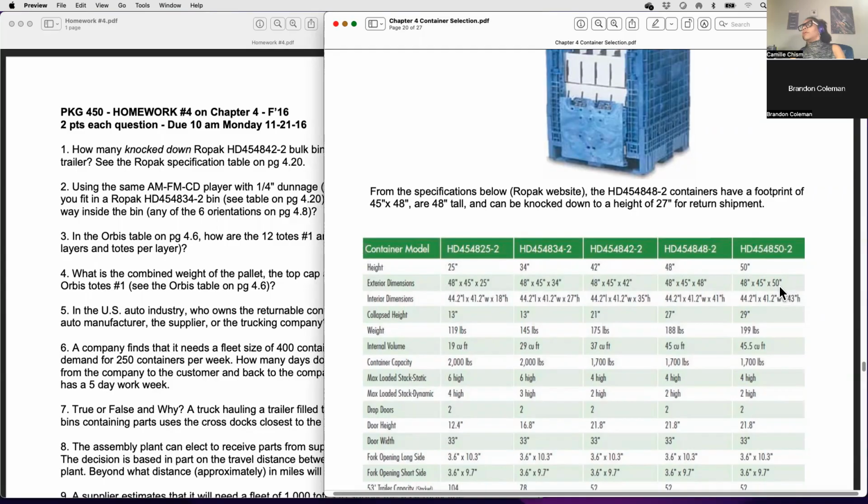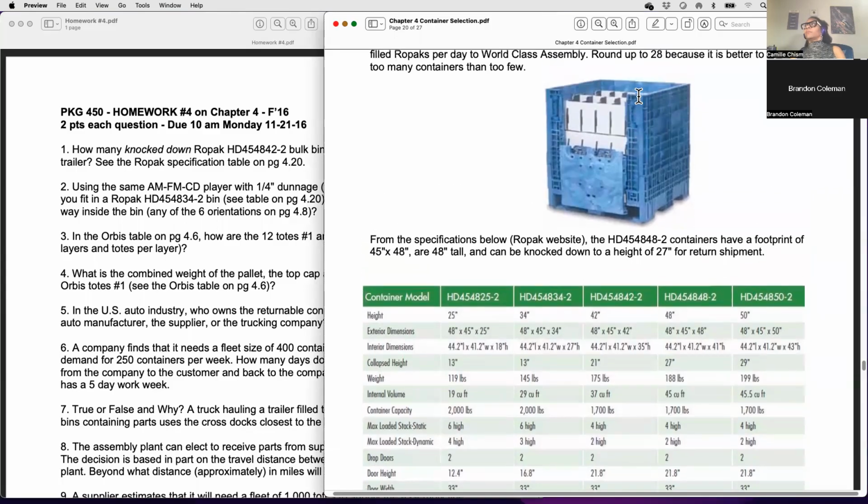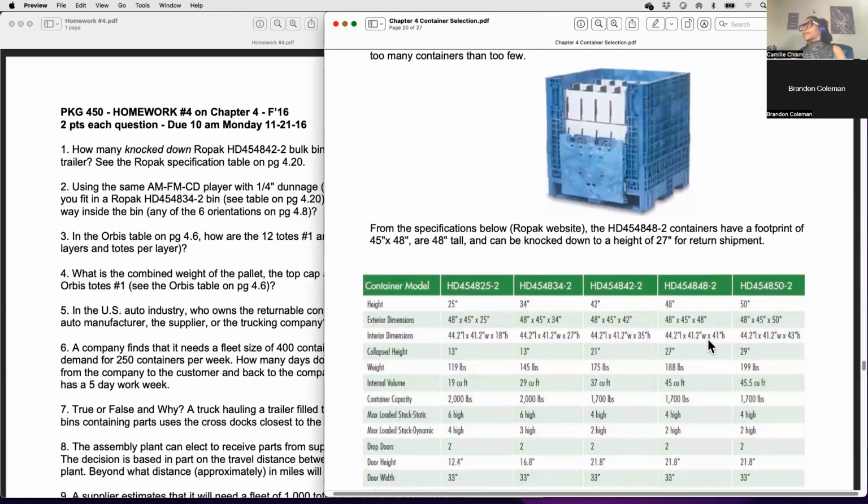Even though this is 50 inches tall, you're only going to get 43 inches worth of material from top to bottom. Notice that compared to the 45 by 48 one, you get 2 inches of difference here too. But you can see there's like a 7-inch difference between the exterior and the interior.